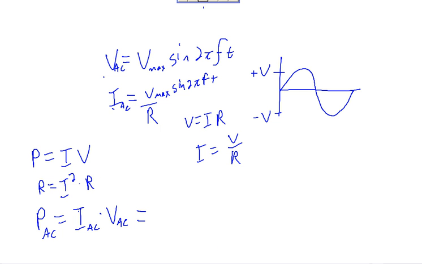But we're not going to use that. There are other ways to write this, but we're going to write it as the maximum current times the maximum voltage over R times sine squared 2 pi frequency t.